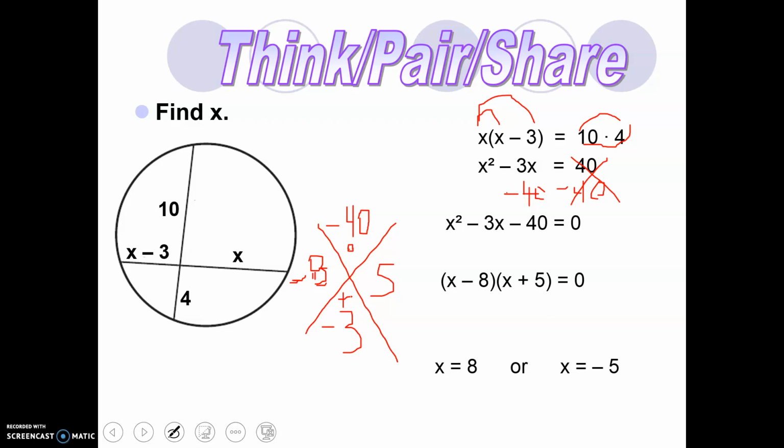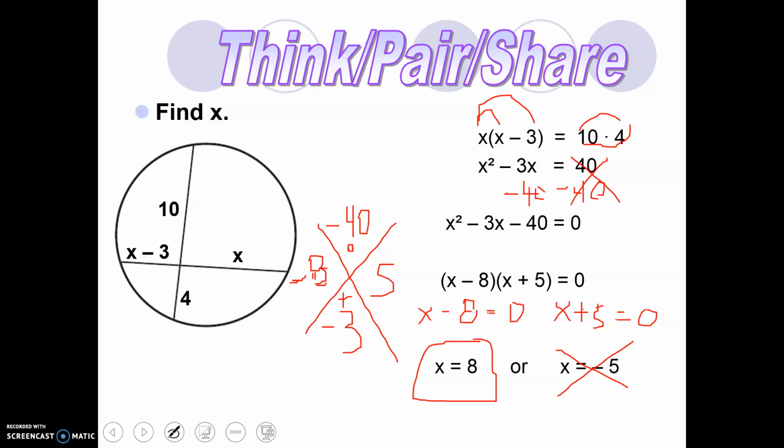Once you set both equal to 0 and solve, you're going to find one answer that gives you negative side lengths. And as you know, we cannot have negative side lengths in geometry. So our only solution is going to be x is equal to 8.